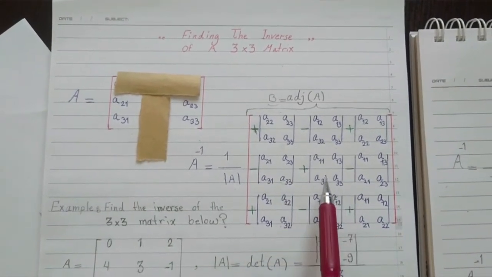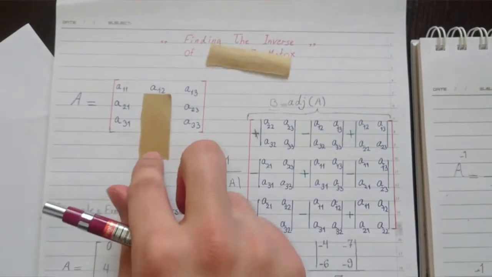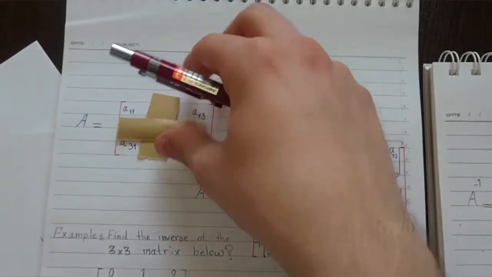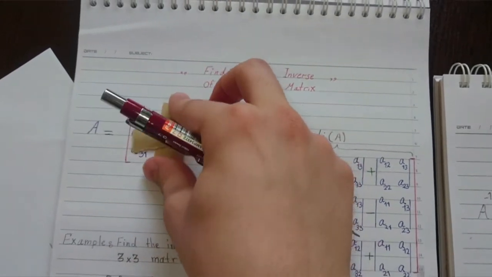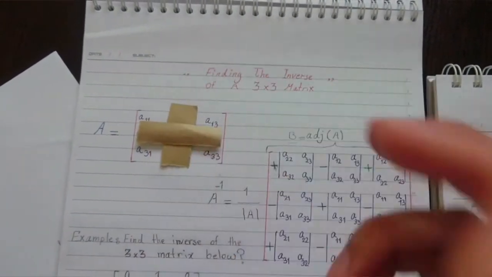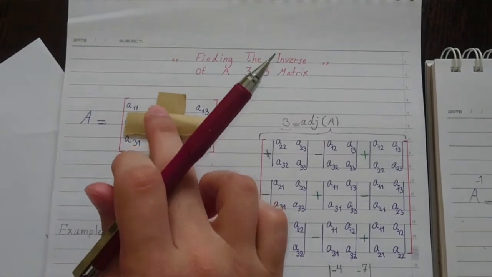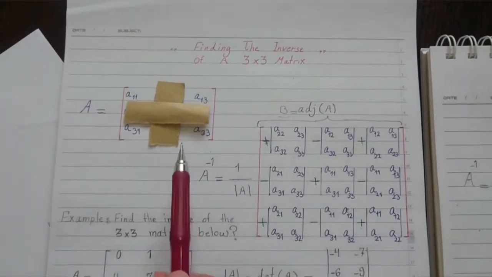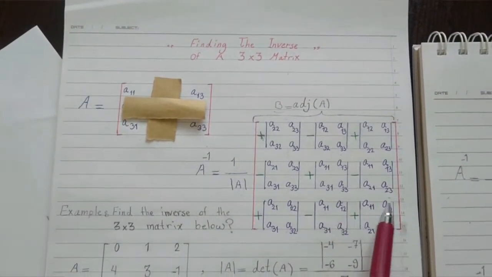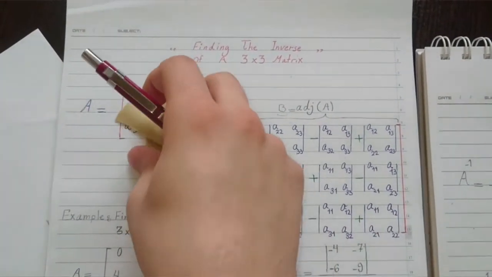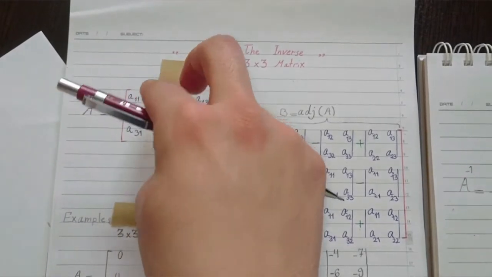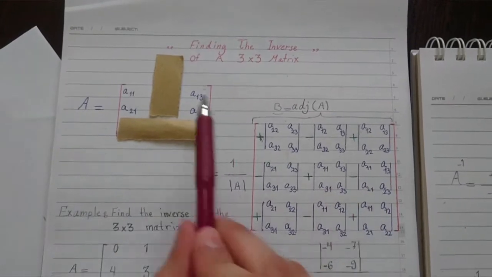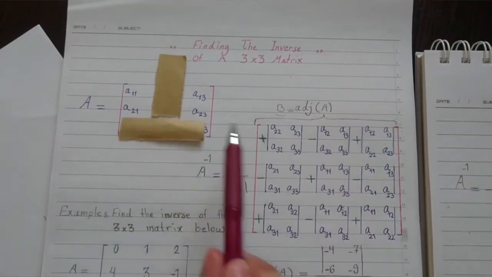The entry B sub 2 2 is equal to the determinant of the matrix after ignoring the second column and the second row, which is equal to A sub 1 1, A sub 1 3, A sub 3 1, and A sub 3 3. The entry B sub 2 3 is equal to the determinant of the matrix after ignoring the second column and the third row: A sub 1 1, A sub 1 3, A sub 2 1, and A sub 2 3.